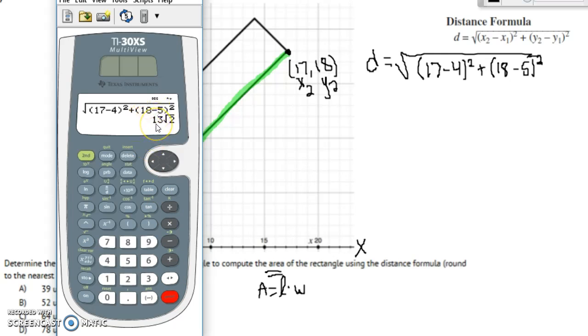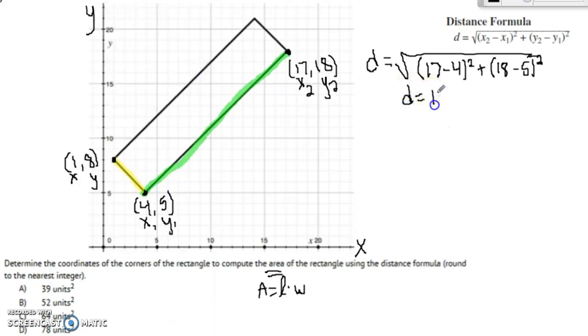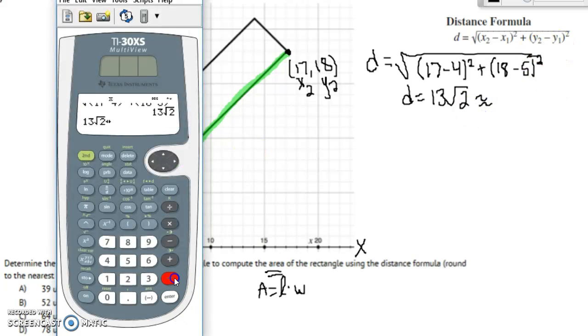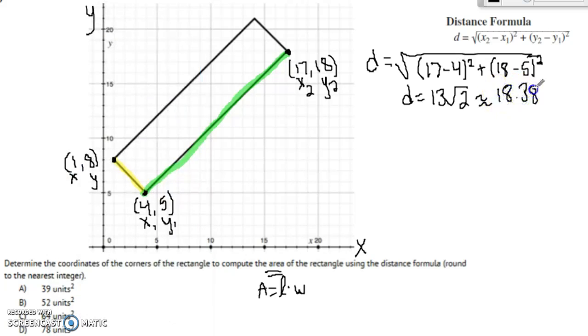And that tells us that the distance is 13 square root of 2, or approximately, to get the approximate, you would hit the double arrow. It's approximately 18.38. Alright, so that is the distance of the green line. Now I'm going to find the distance of the yellow.